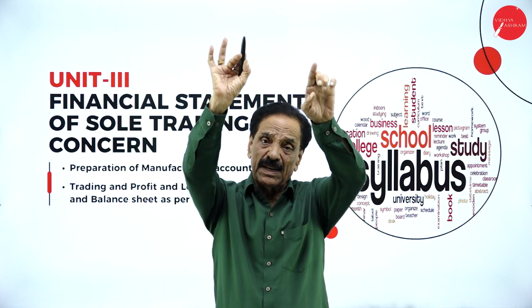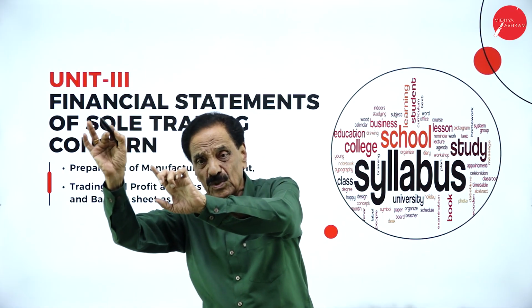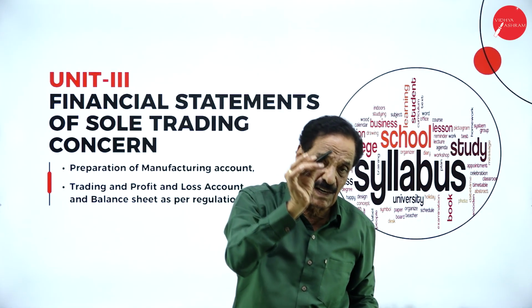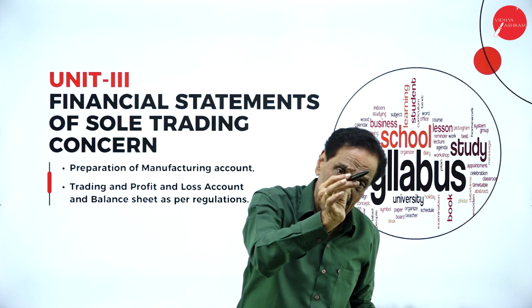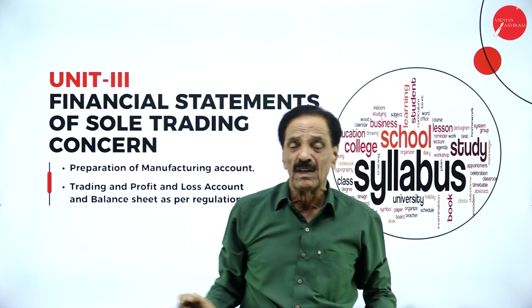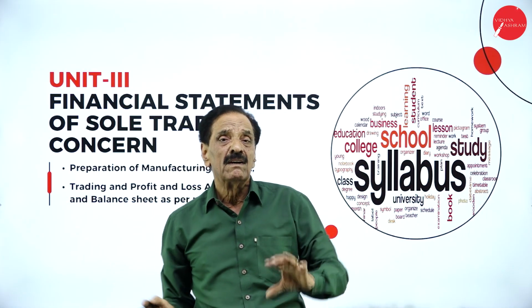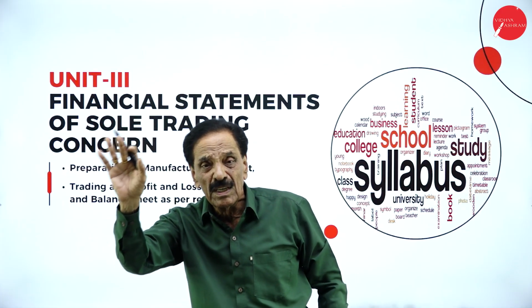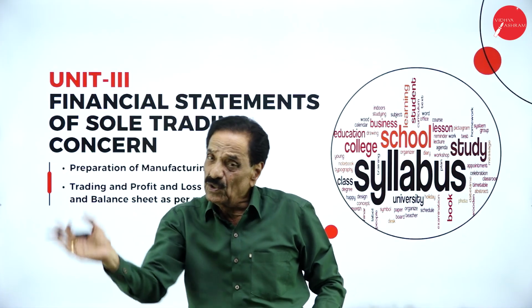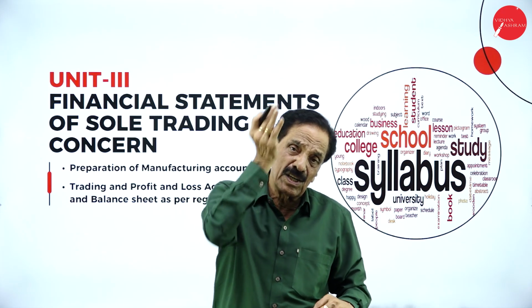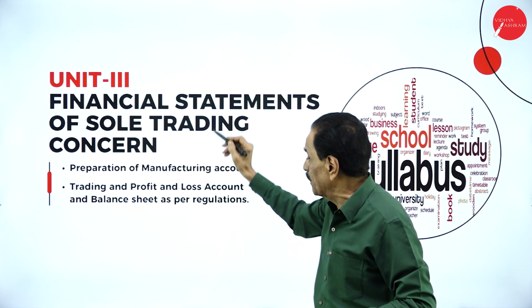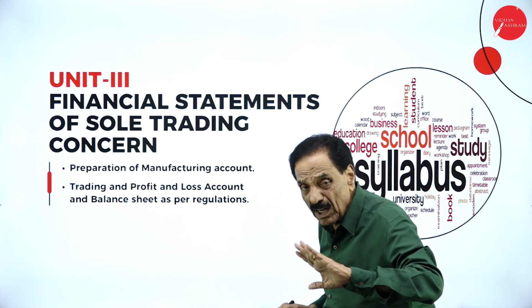First is the transaction to subsidiary books to journal entry to ledger, ledger to trial balance to final account. I will repeat this cycle: transaction to subsidiary to journal to ledger to trial balance to final account, where we are going to do the preparation.